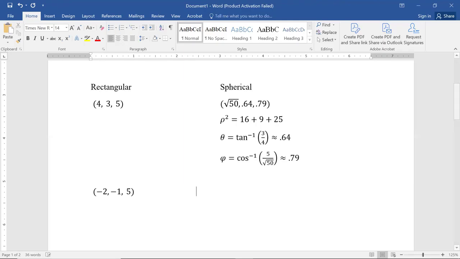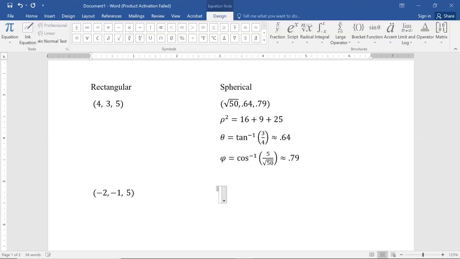Let's do the next one here. I'm just going to kind of state where I'm getting this. Rho squared is equal to (-2) squared plus 1 squared plus 5 squared. So rho squared is going to be 30. And so rho is going to be the square root of 30.